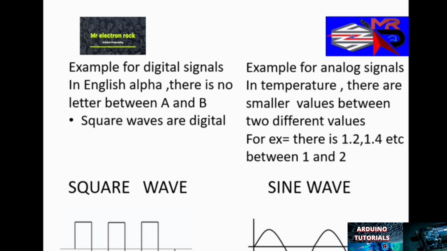Between 1 degree and 2 degrees you have many other values like 1.2 degrees, 1.4 degrees, 1.6 degrees, etc. As we consider the smaller values between the minimum and maximum value, they are considered analog. Analog signals are transmitted in the form of sine waves.